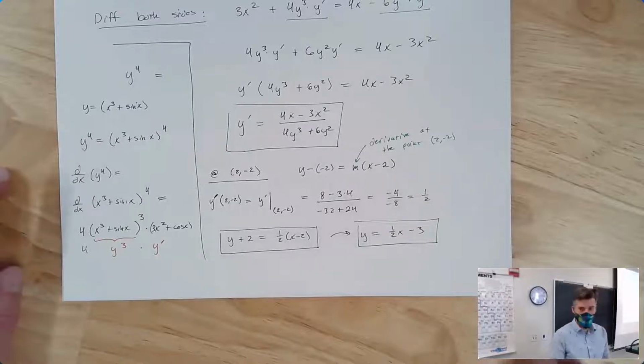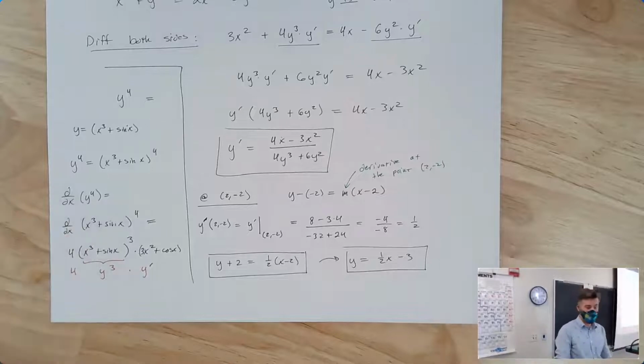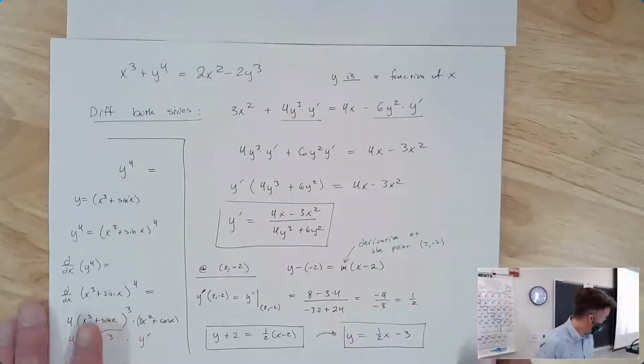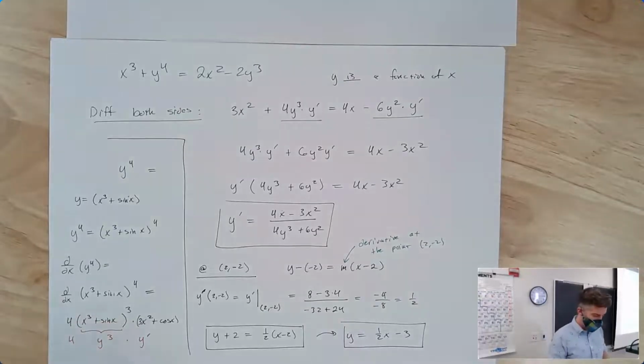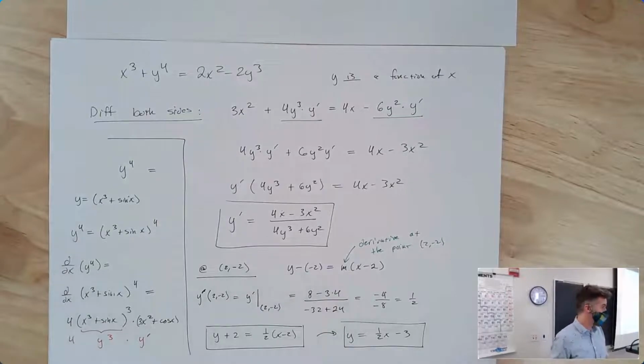I should point out, because sometimes it's nice: here it wouldn't have made sense to do this, but if we had wanted to, after the very first step, we could have just plugged in x equal to 2 and y equal to -2 to find the slope at that particular point.